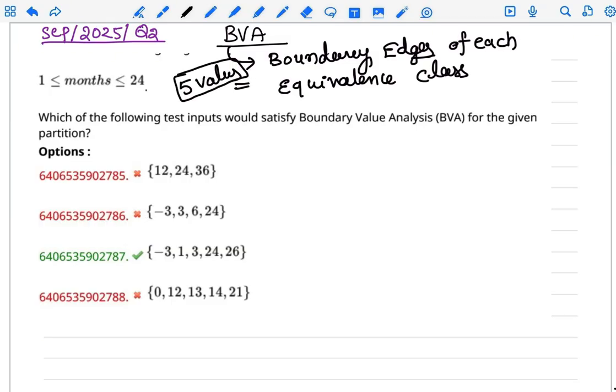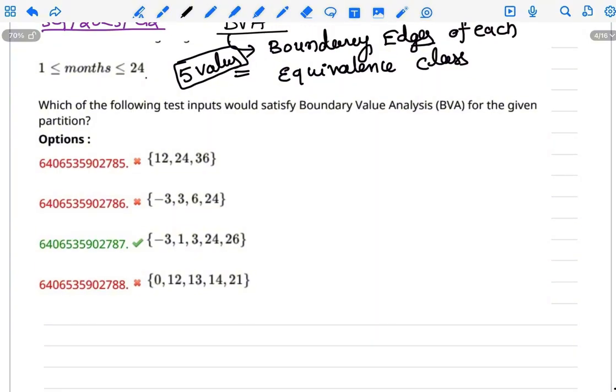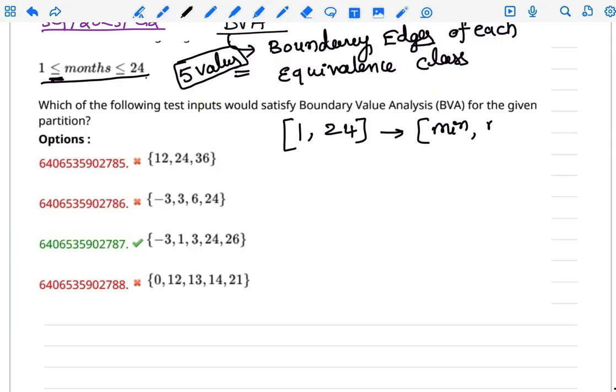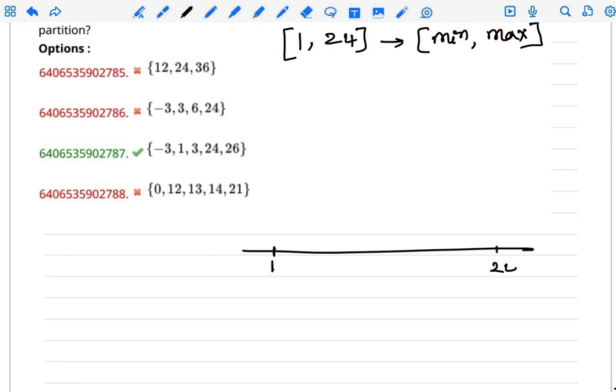So in BVA they give a range. Here months is the input and its range is 1 less than or equal to, so you have to include both, that is square braces, [1, 24]. That is the range of minimum comma maximum: minimum is 1 and maximum is 24.